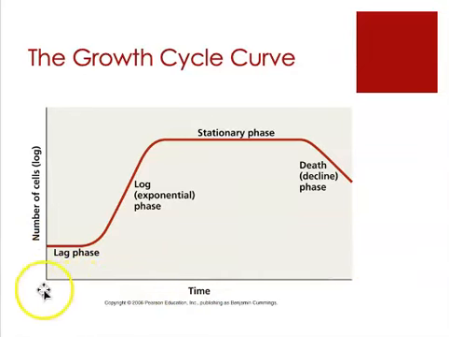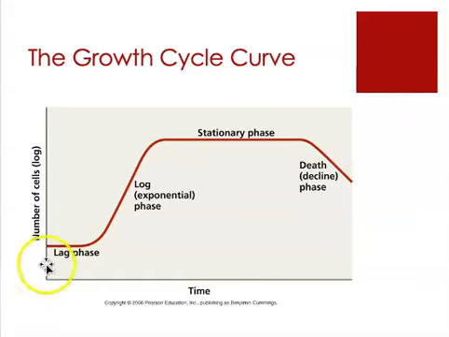This is the time that these cells are sitting in a culture container in the laboratory. And on the y-axis, once again, we have the number of cells. Now, we've gone again to the log paper in this example. So the exponential part of this growth cycle is going to look linear on this graph.